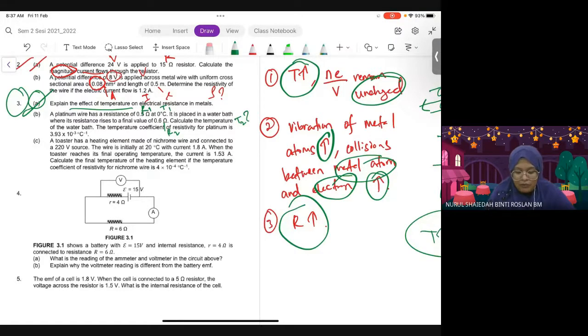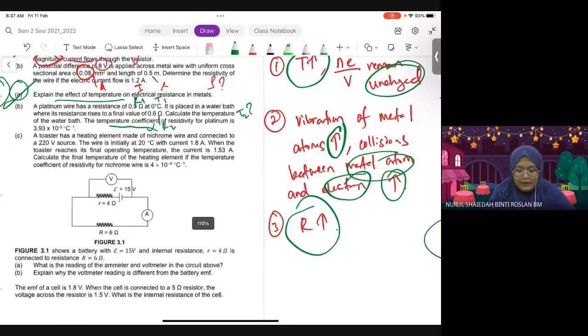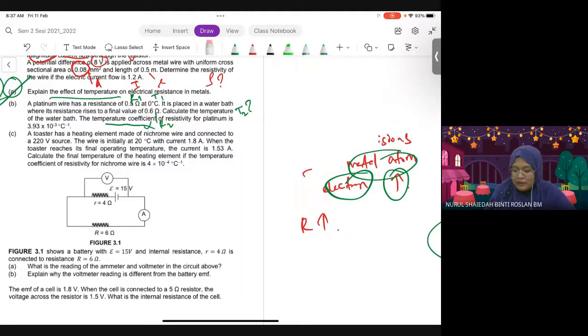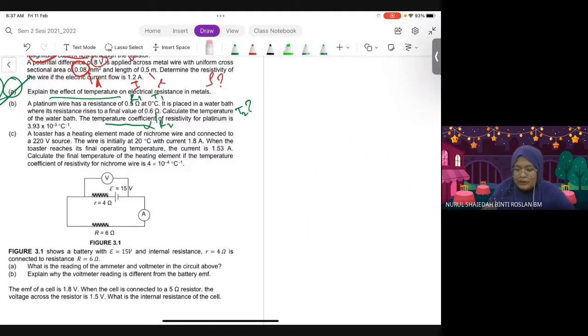They give you the coefficient. When we're talking about coefficient, we are talking about alpha lah. So formula yang ada alpha ada satu sahaja, iaitu formula R equals to R0, 1 plus alpha delta T. Tak ada formula lain.